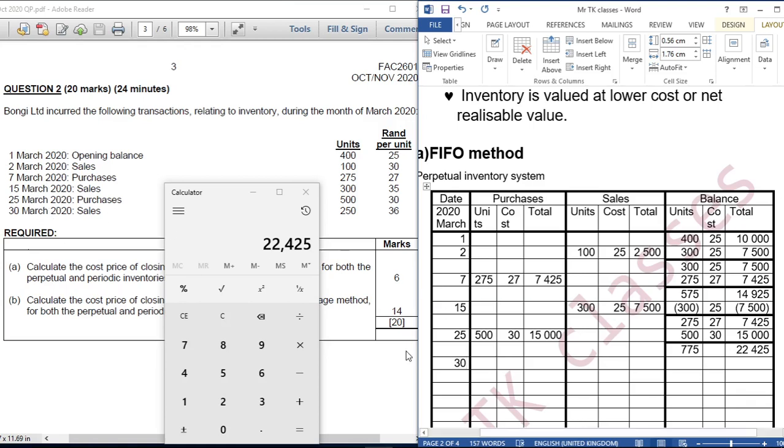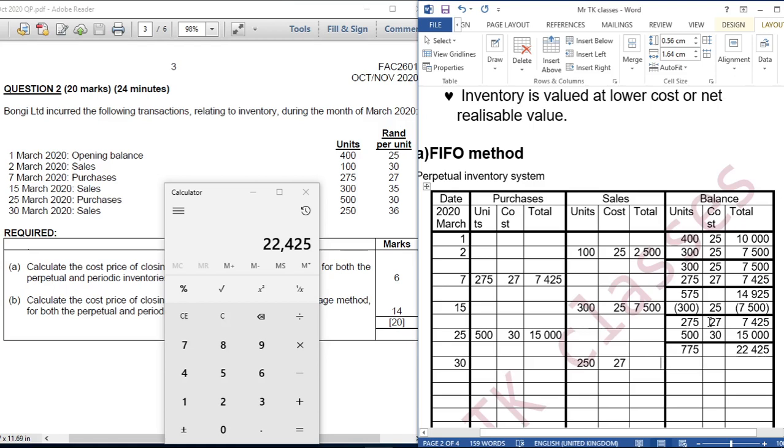Sales. Okay, on the 30th. So how many units were sold? 250. So which ones were sold now between these two? Remember, we are using first in, first out. So this is the first batch. It's going to go out first. So we sold this one. Okay, we sold these 250.